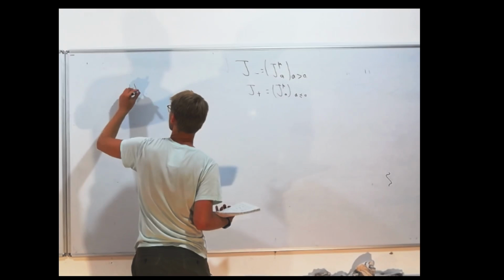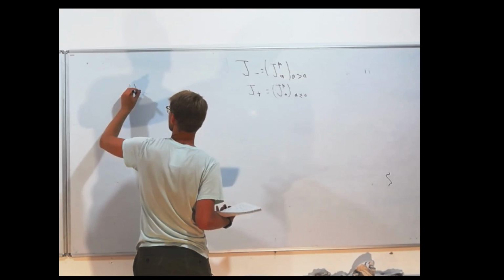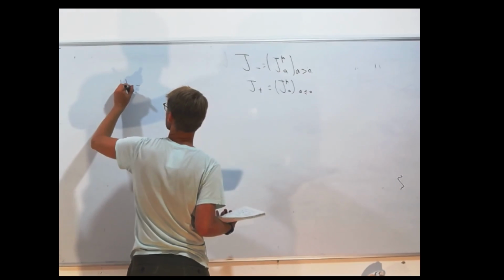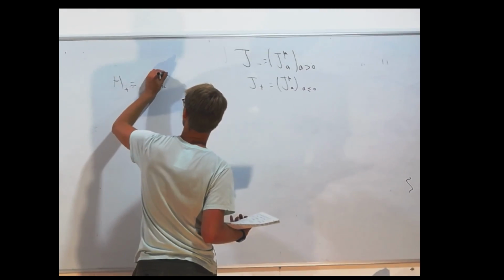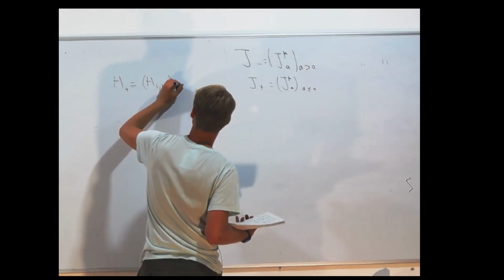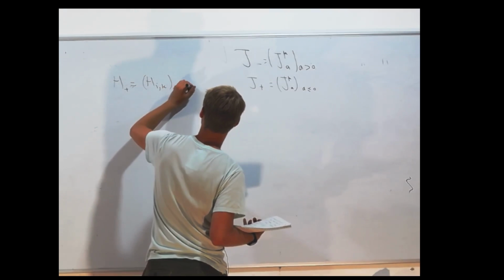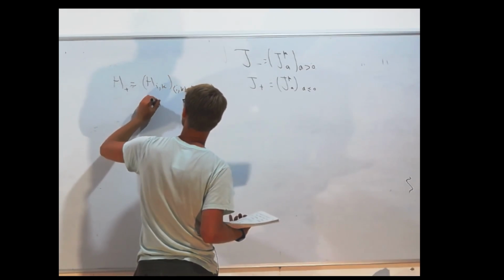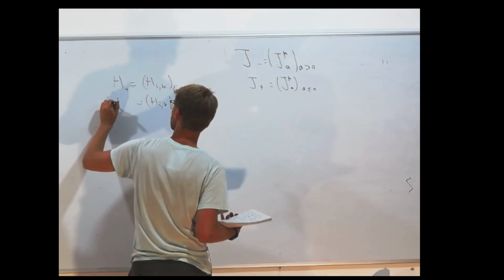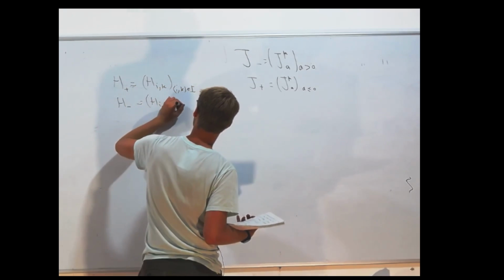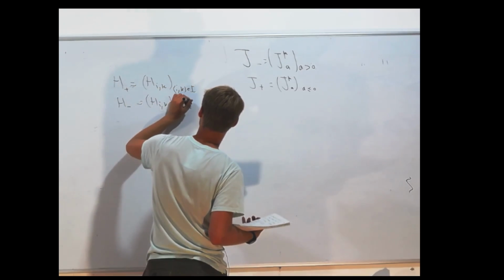And I want to somehow split h also in some h plus, where this is in some index range that we still have to determine, and some h minus, which is the rest.